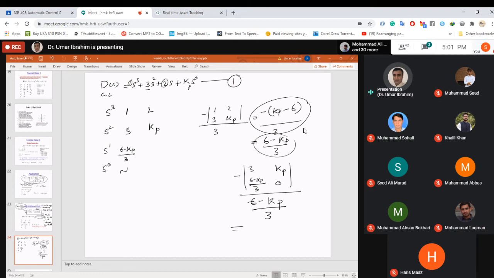So this comes out to be minus Kp into (6 minus Kp) divided by 3, divided by (6 minus Kp) divided by 3. These two will cancel, minus minus becomes positive, so it will be Kp. Okay.